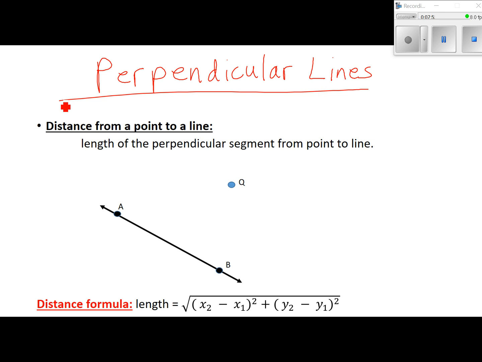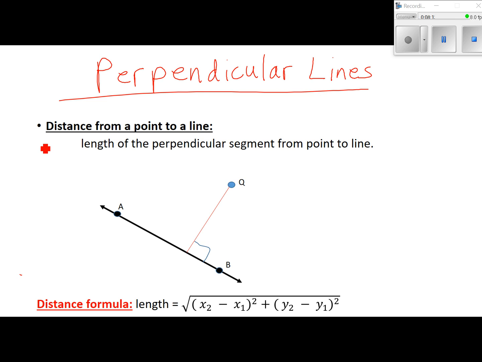We want everybody to be uniform and get the same distance. So when we look at this, we want the distance from Q to this line that's going to be perpendicular. So it's got to form a right angle, right?